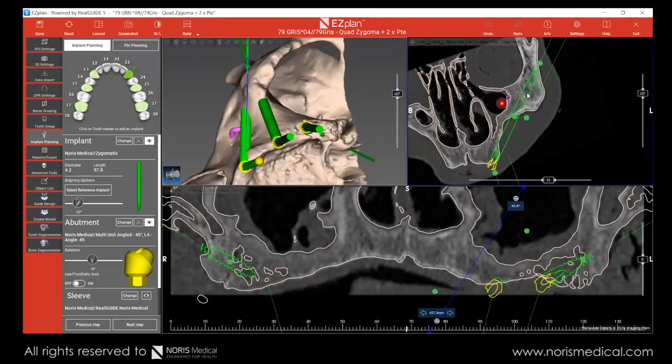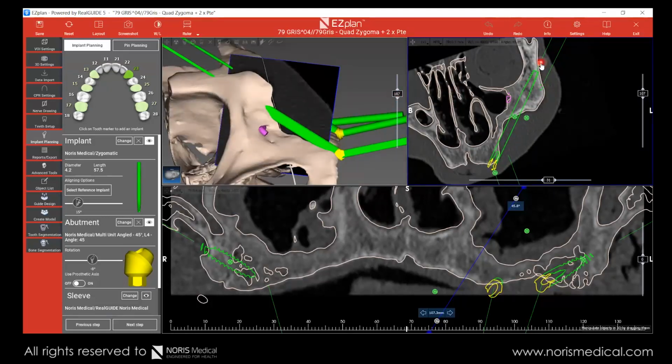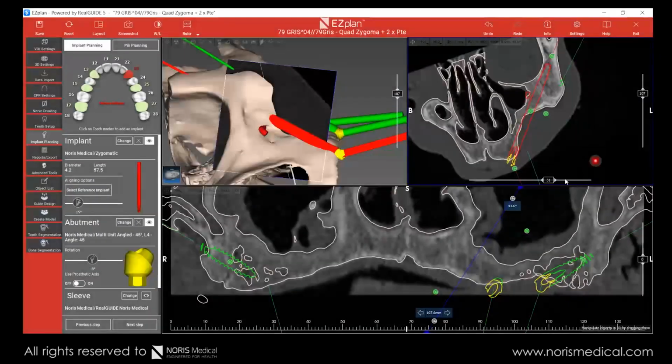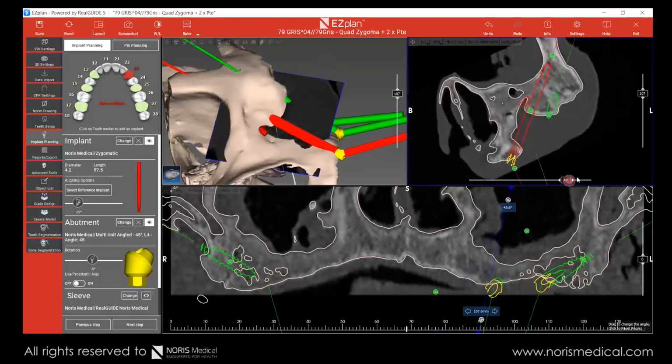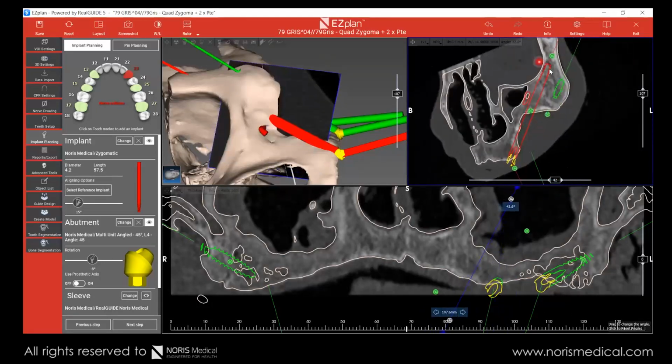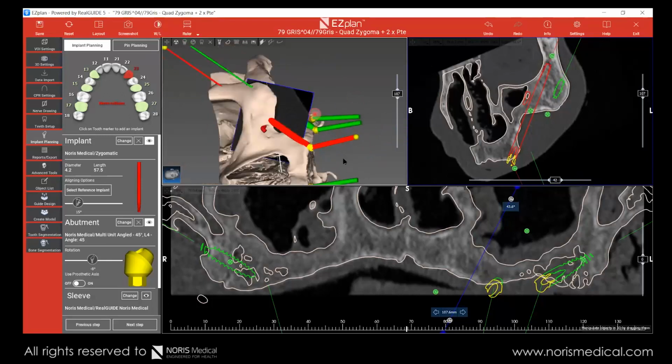Okay, so what we see, this is the distance to the orbit. Okay, if I move the implant towards the orbit, let's say I'm very close to the orbit now. You see, I'm very close to the orbit now here. Let's see how we are from this angle.